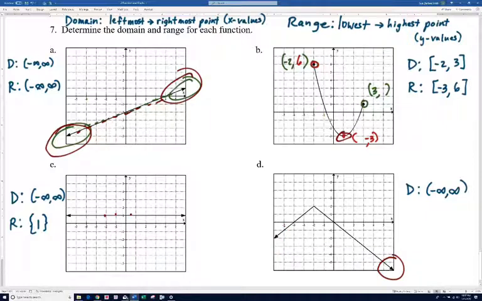If you're going from lowest to highest and you're looking at the range, notice there is no lowest point because you can see on the right here, this thing goes down forever, but there is a highest point right there, and the y value there is 2. And so our range goes from -infinity to 2. All right, and that's the end of this video.